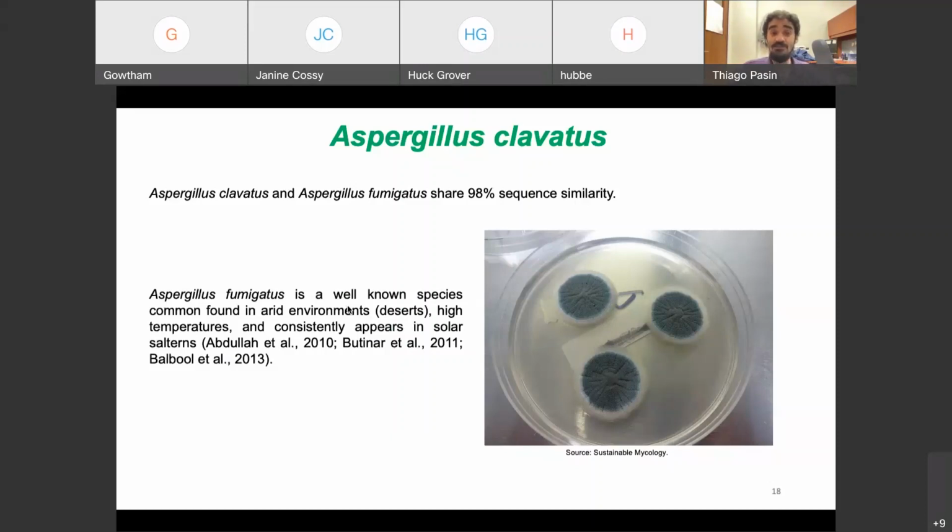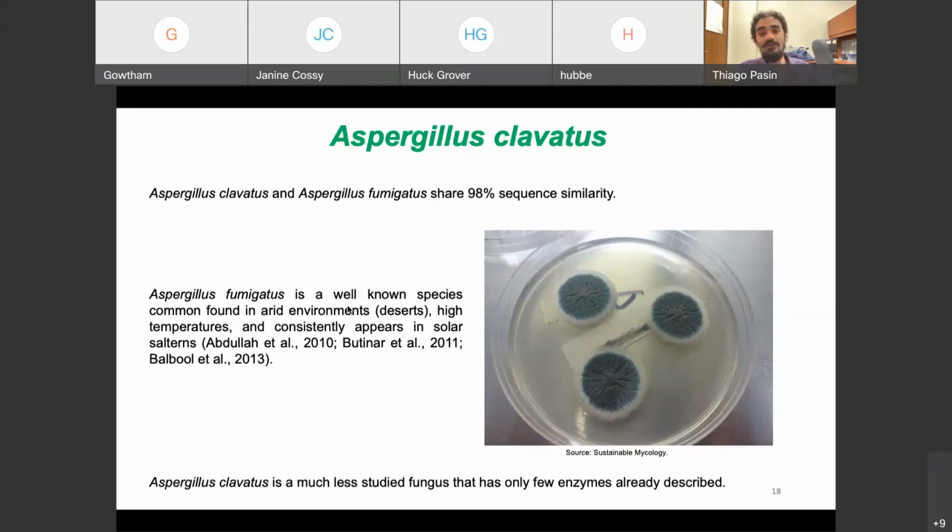So Aspergillus fumigatus has already been described as a halotolerant fungus, and also its enzymes. And Aspergillus clavatus is a much less studied fungus and has only a few enzymes already described in the literature.